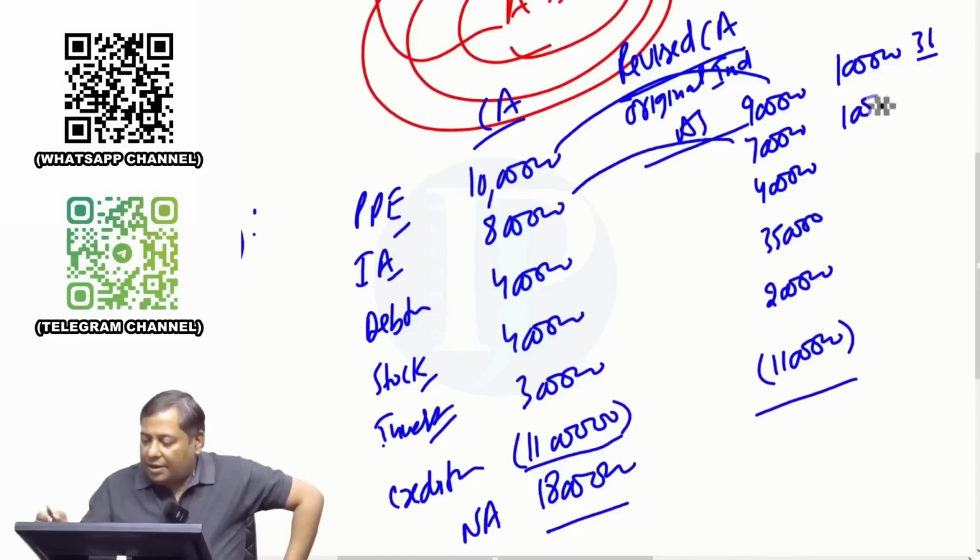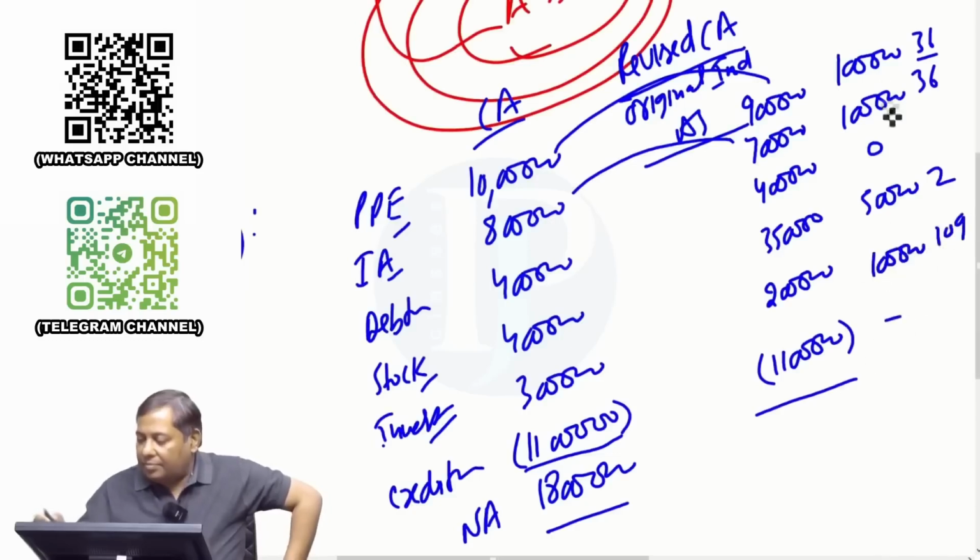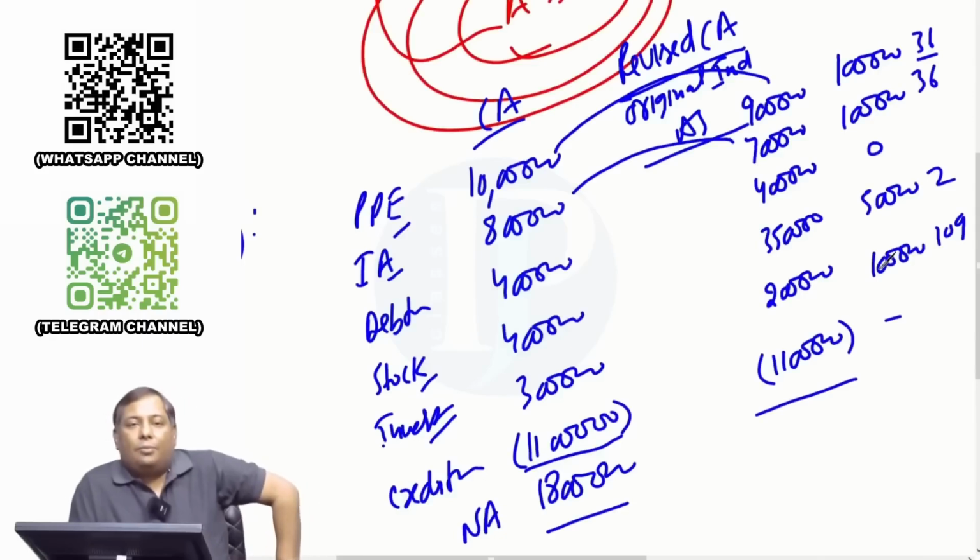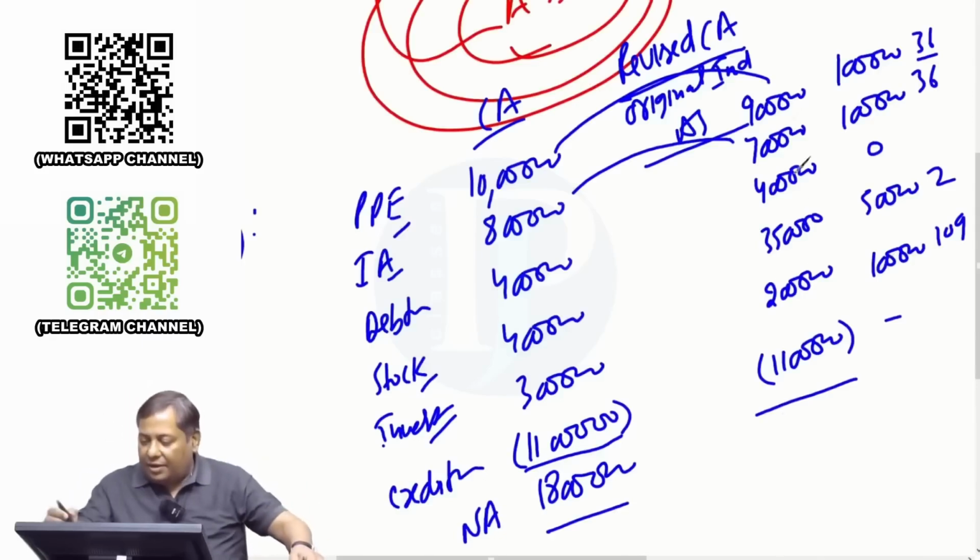Here, according to Ind AS 36, no loss. Again a loss of 50,000 came according to Ind AS 2. Now a loss of 1 lakh has come as per Ind AS 109. What's the total? So you got a loss of 3.5 lakhs. If there is a loss of 3.5 lakhs, how much would the carrying amount be? Around 14.5.